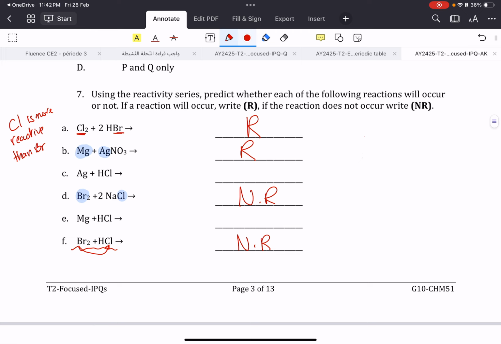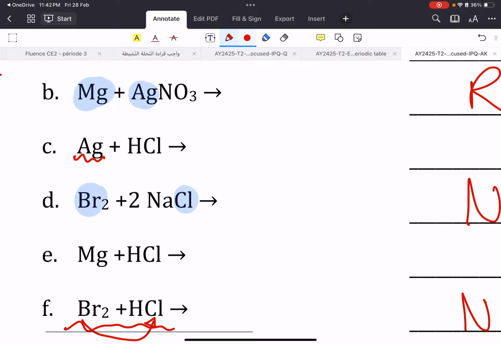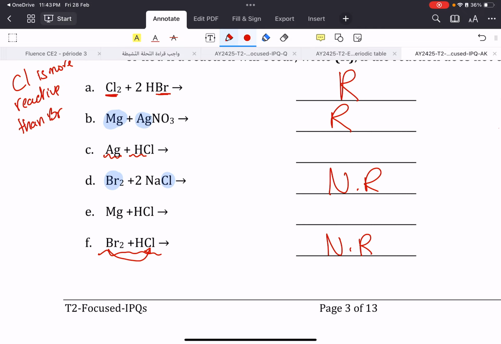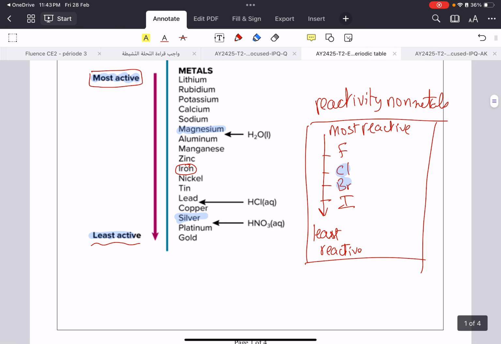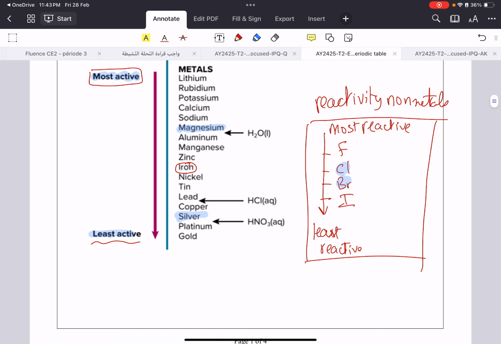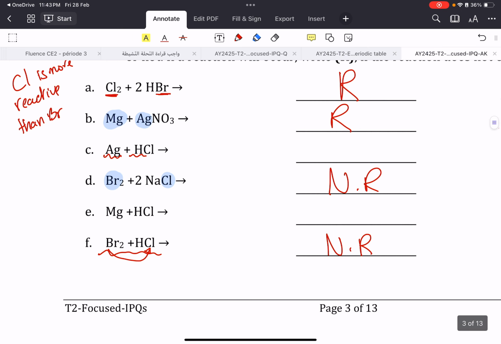Now, silver will not replace a non-metal, the Cl. Here, the H is playing the role of a positive ion, H+. So we need to check if silver can replace the H in HCl. And it cannot replace the H in HCl because H is more reactive. So this one, no reaction.